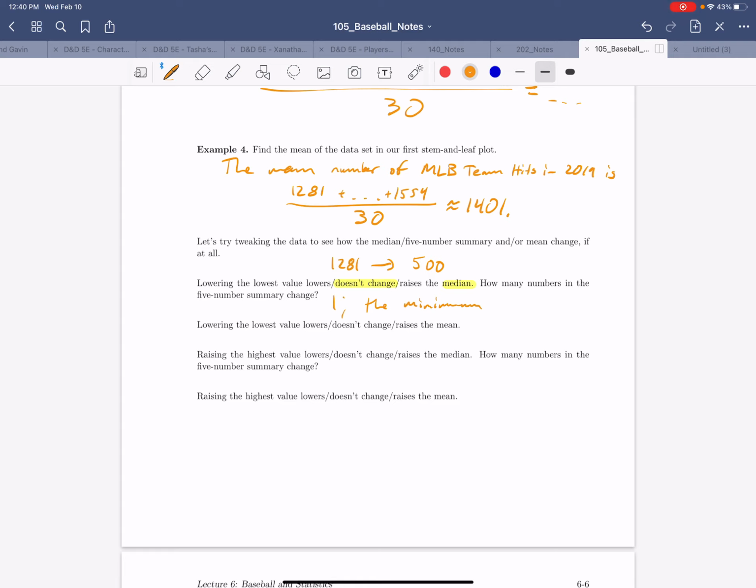Now, what about the mean? If we wanted to calculate the league average, lowering the lowest value certainly lowers the mean. Because we're adding a smaller number here, right? This number becomes 500. We're going to get a lower number. It might drastically lower the mean, such a big drop. Similarly, raising the highest value does not change the median.